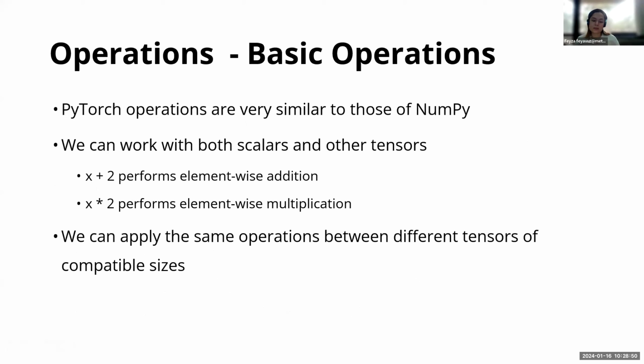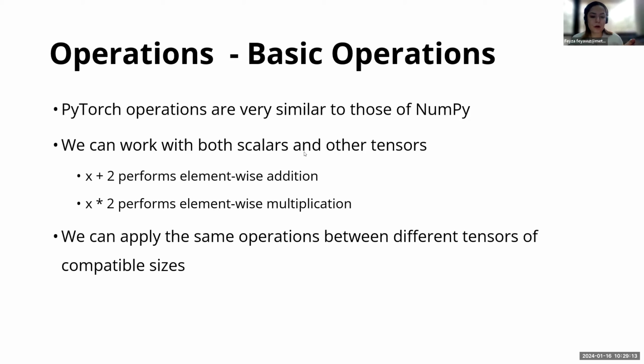We can add or multiply 2 tensors or 3 tensors together, or maybe more. For example, x plus 2, let's say x is a tensor, performs element-wise addition, and the arithmetic operation between tensors and scalars is distributed over every element of the tensor.